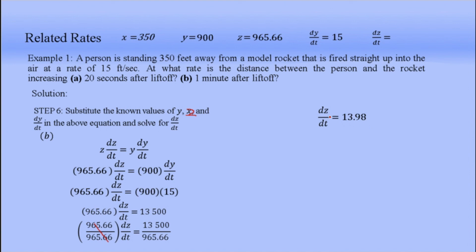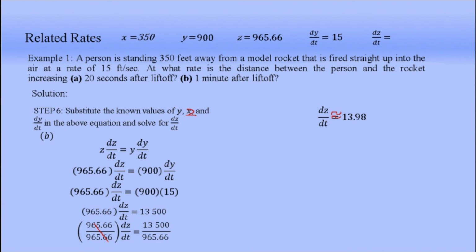It should be the approximately equal sign. So again, the derivative of z with respect to t is approximately 13.98.